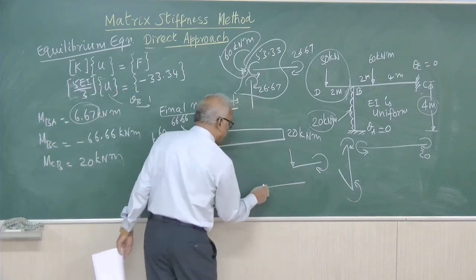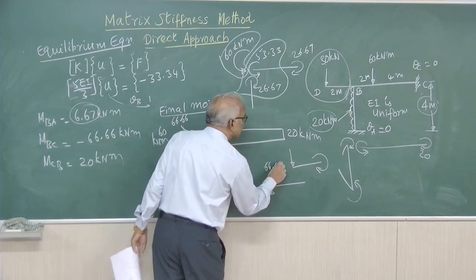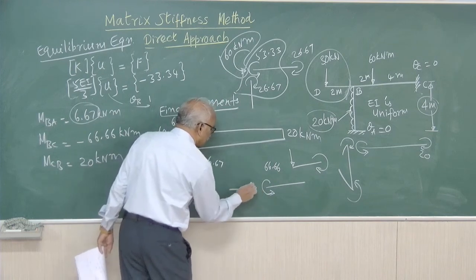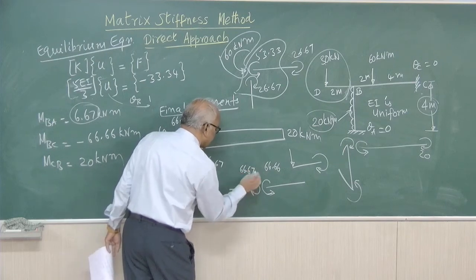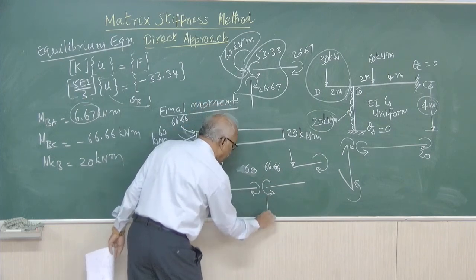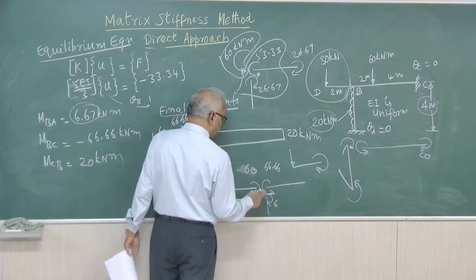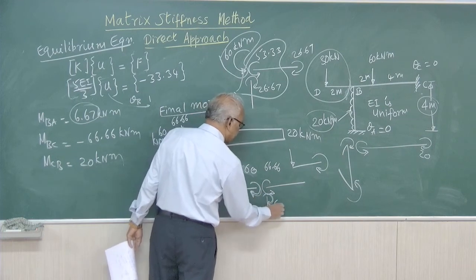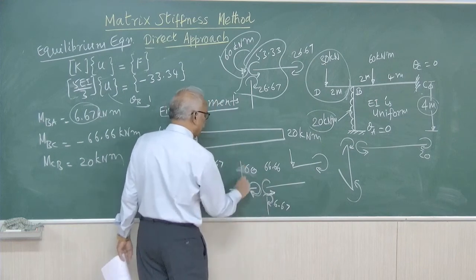Now, at this joint B, here it is 66.66, and as far as the overhanging portion is concerned, this is clockwise 60, and in this column it is clockwise 6.67. So 60 plus 6.67 minus 66.67, the sum will be equal to 0.